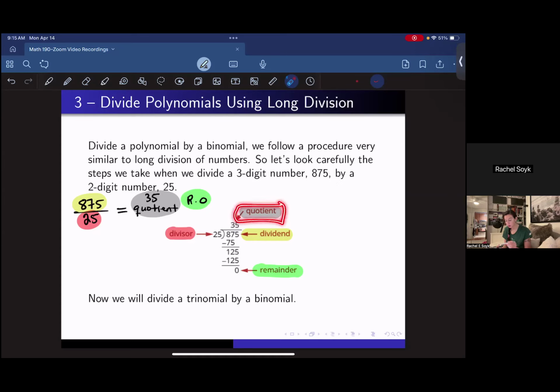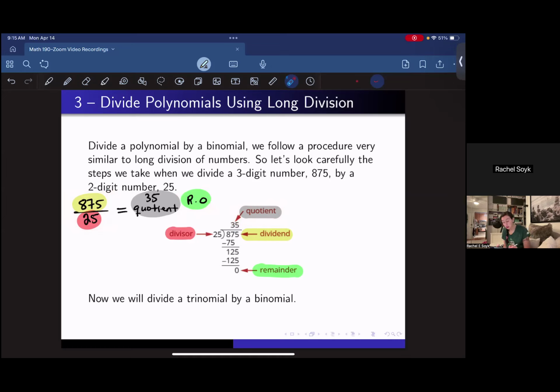Quotient, whenever it says find the quotient, you're pretty much solving for that answer. All right, this is simplified to what? Our remainder tells us, okay, what's left over? Maybe 25 does not go into 875 perfectly. And if it doesn't, our remainder is not going to be 0. But if it does, our remainder is 0.